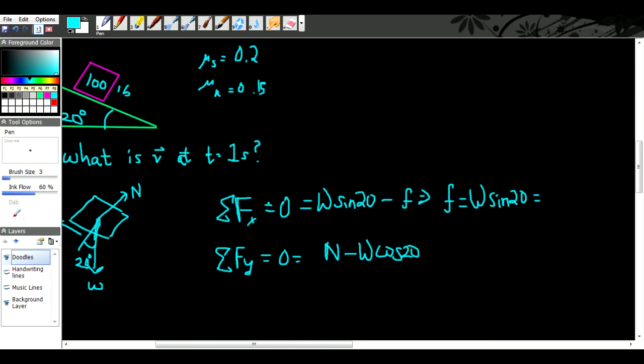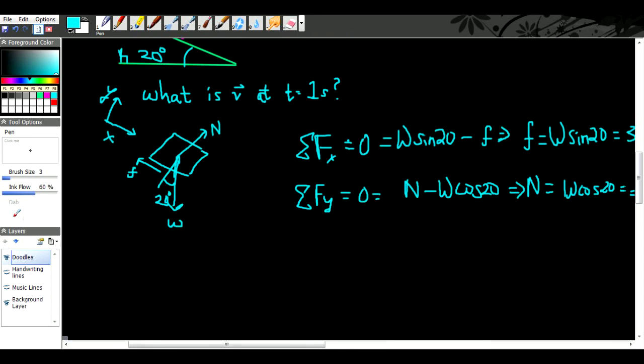So the friction force is 34.2 pounds. And we can solve for the sum of the forces in the y in the same way. The normal force is W times cosine of 20, which is 94.0 pounds.